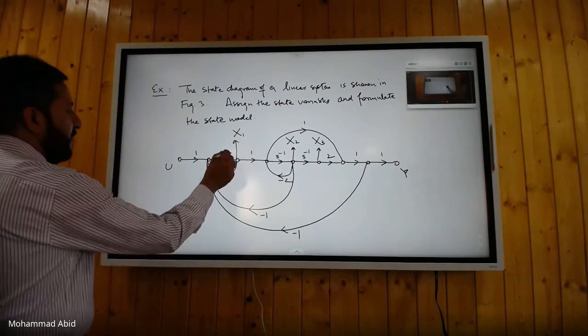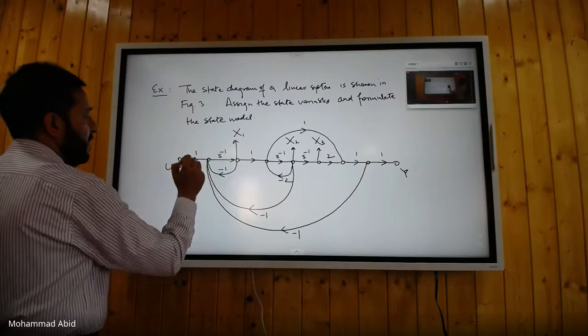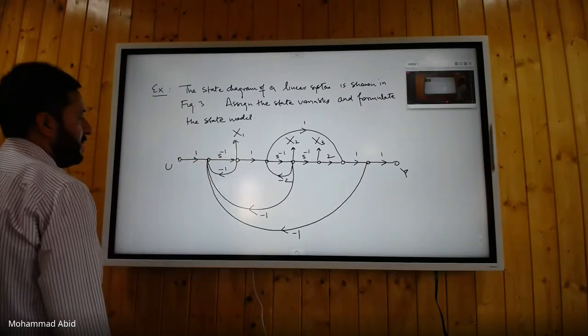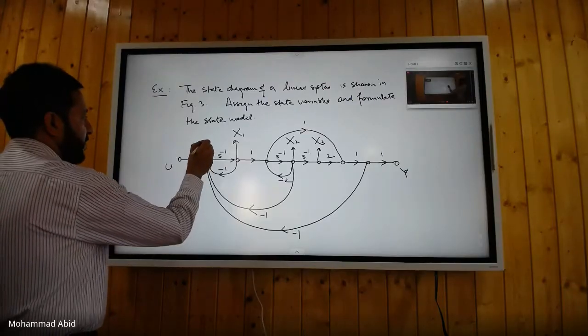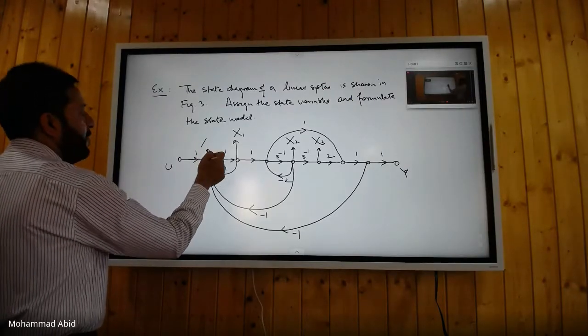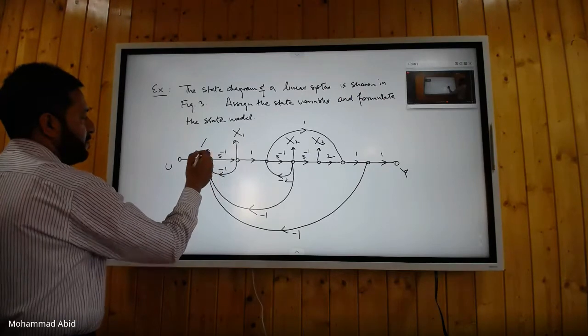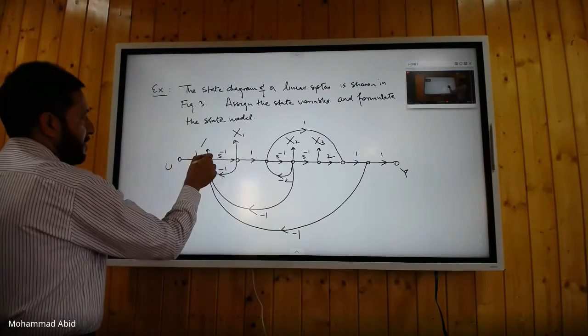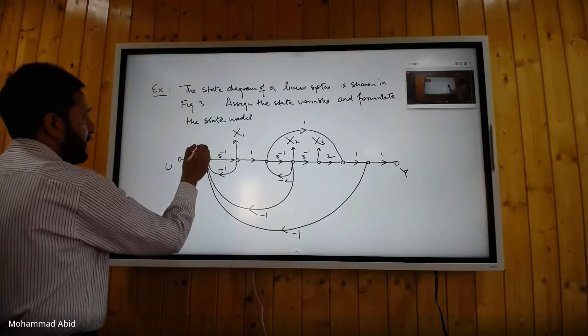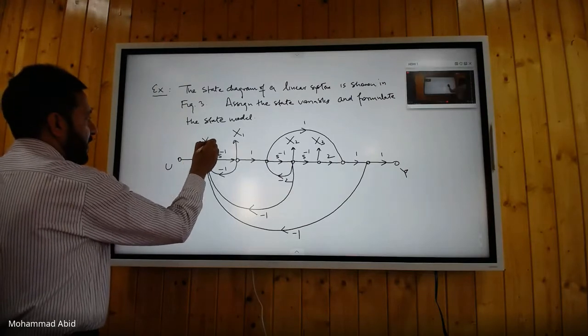So if this is x1, what is this variable? x1 dot. So this will represent x1 dot, or this will be sx1. This variable will represent sx1.